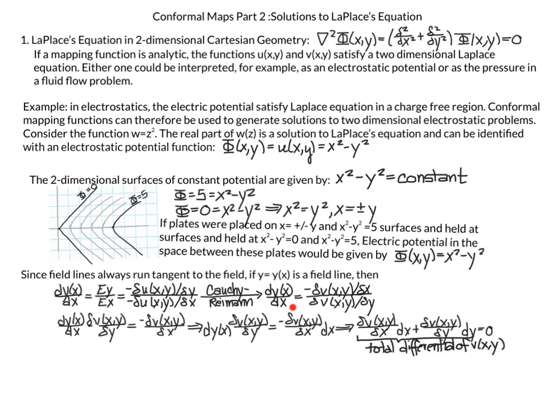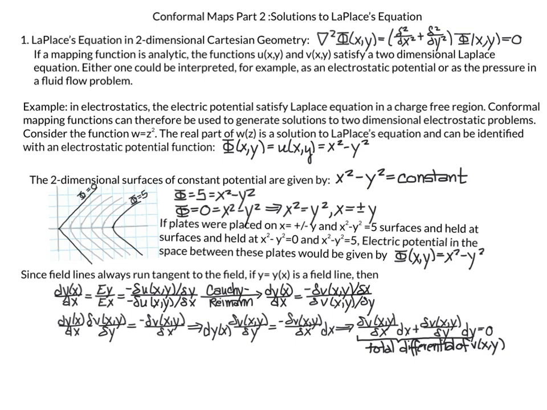Doing some algebra on this last equation, I can multiply both sides of the equation by this dV/dy. So over here I have my dV(x,y)/dy times my dy/dx, and then I'm left with minus dV/dx on the right-hand side.